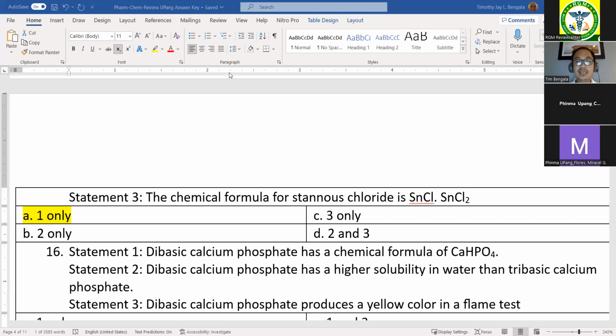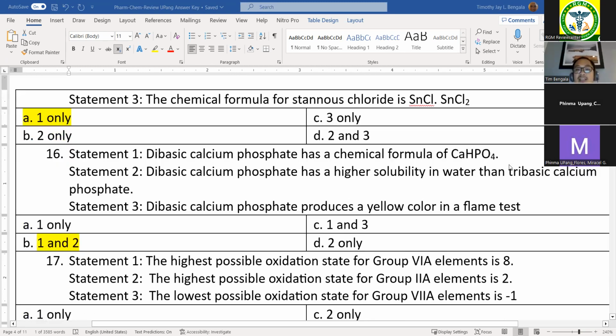So next is number 16. Okay, number 16, statement number 1. The dibasic calcium phosphate is a chemical formula of CaHPO4. So, ang tinitest natin again is yung nomenclature. So, dibasic is the removal of 2 hydrogens.